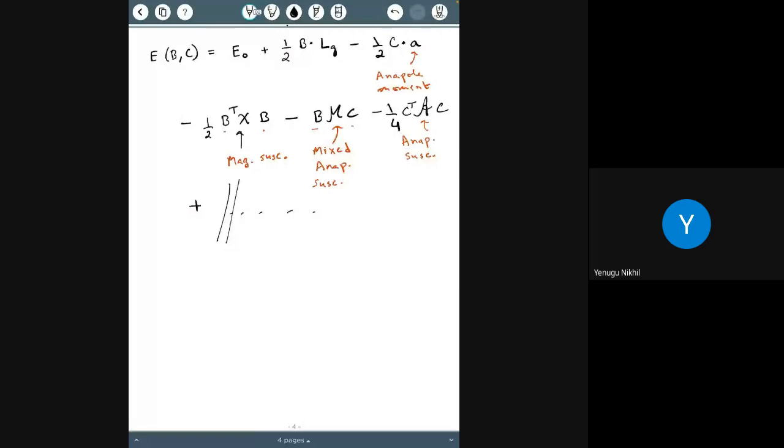So the quantities that I want to compute would be chi, m, and h. So these are the susceptibilities of the system. The angular momentum, of course, is there.